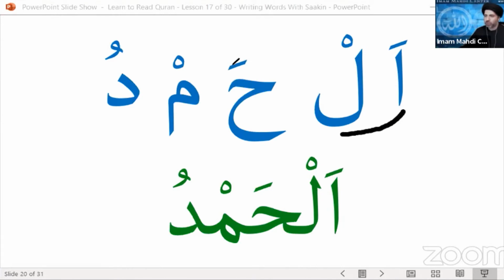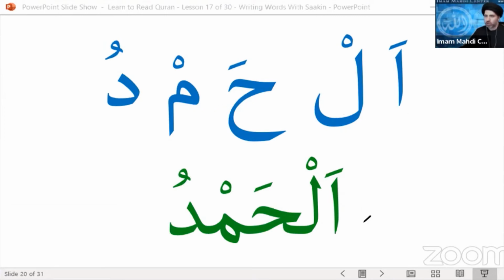Then we have ha with fatha and mim with sakin. And these two also get pronounced as one syllable. This is pronounced as ham. The ha has the vowel, ha, and then it connects with the sound of the meme. Say ham, and then the last syllable, the dal with dhamma, is do. So this is al ham do.